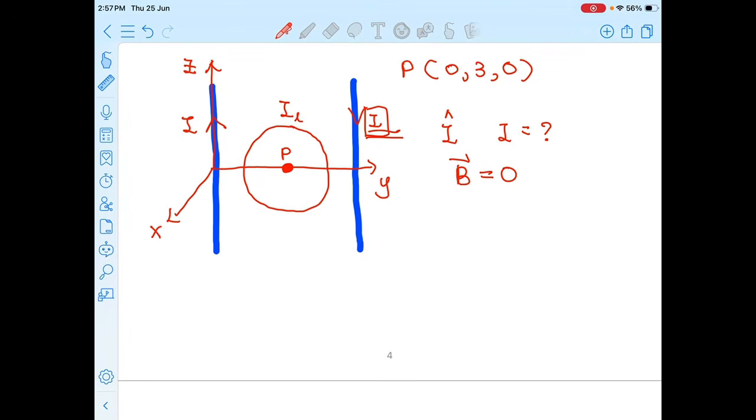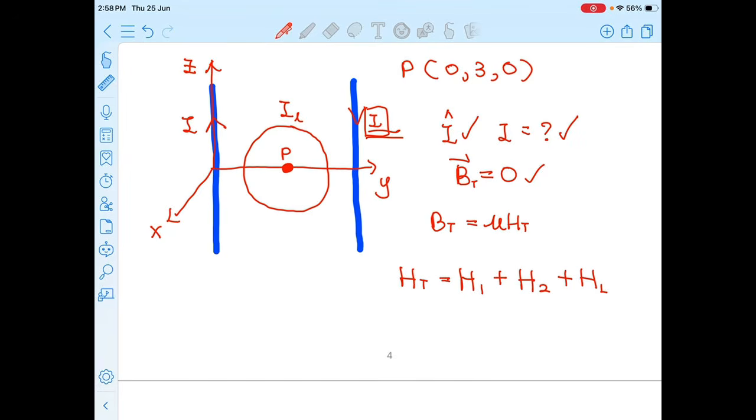So I want you to find out the direction of the current for the loop and the value in order to make the total magnetic flux density equal to 0. So the total magnetic flux density would actually be coming from the total magnetic field, right? And in this case, the total magnetic field will be equal to the magnetic field coming from H1, H2 and also H loop.